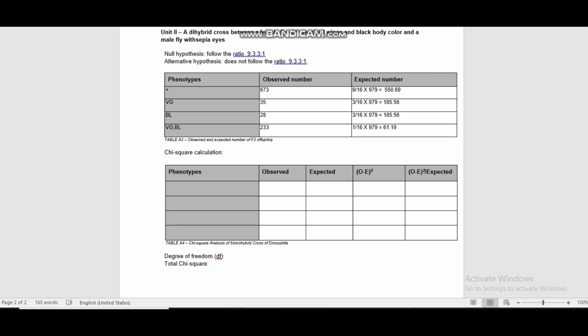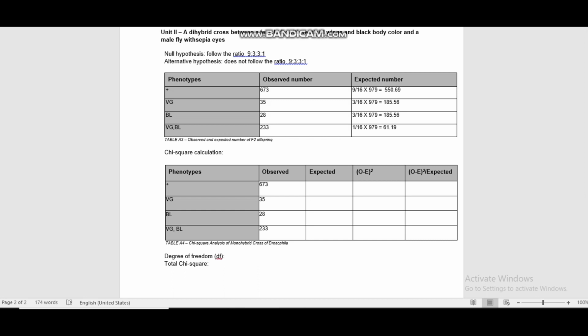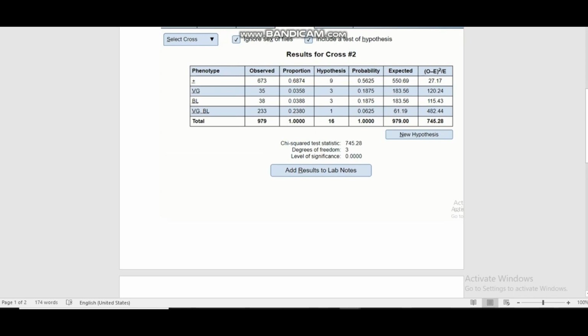So next, for the phenotypes, we just copy from the table, and then the observed number also copy from the tables. So for the expected, we must copy from the virtual lab, this one.